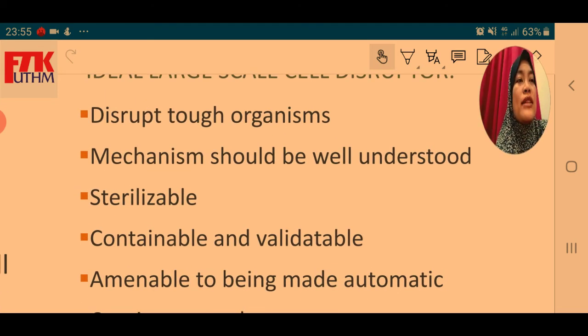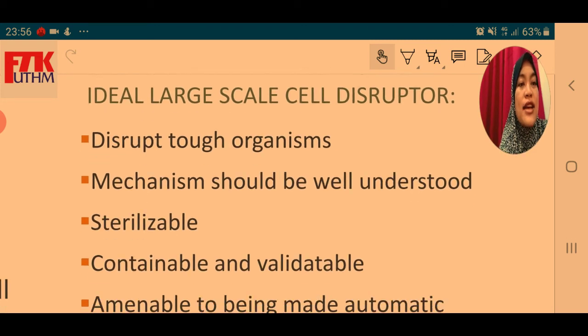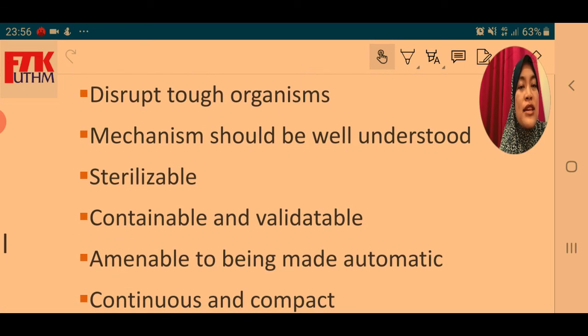Ideally, it should be able to disrupt tough organisms, and the mechanism of how it works should be well understood for troubleshooting. Of course we want it to be easily sterilizable so that we don't have contamination, and it needs to be containable and validatable.